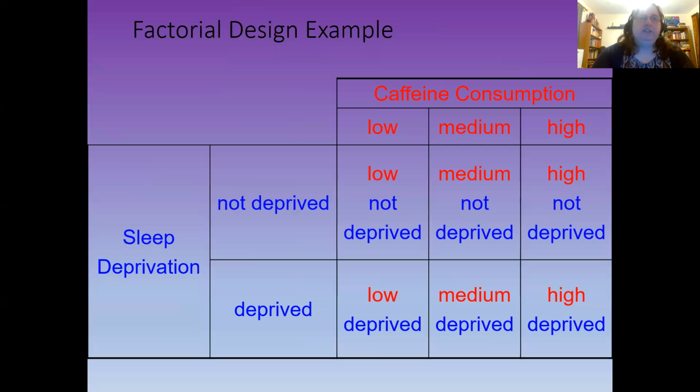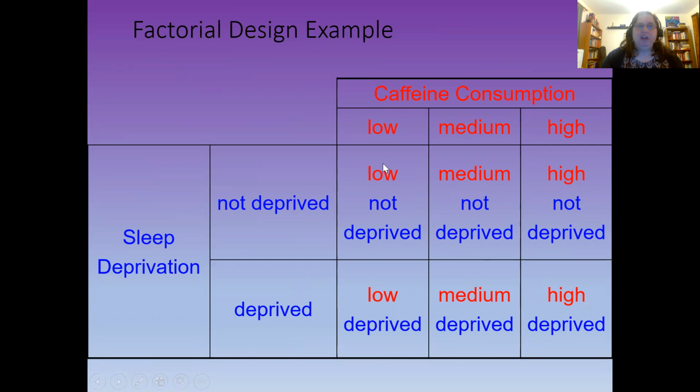So let's look at this example with caffeine consumption and sleep deprivation. So in this setup, we're going to have different people in each of these cells, okay? So it's between subjects. So we have people who are not deprived and people who are deprived of sleep.